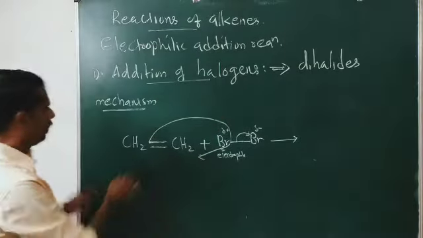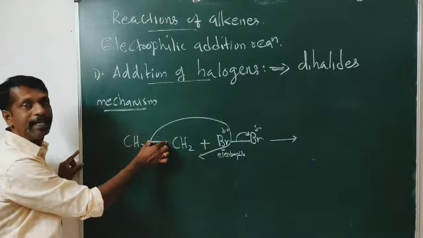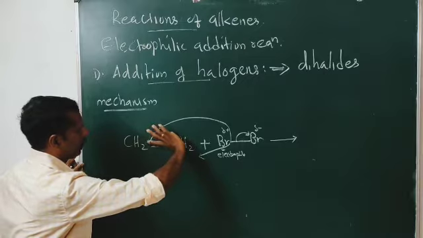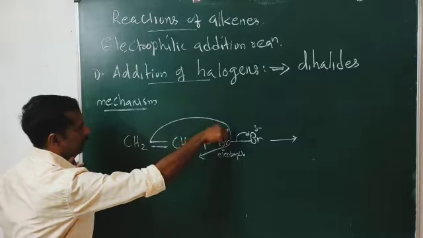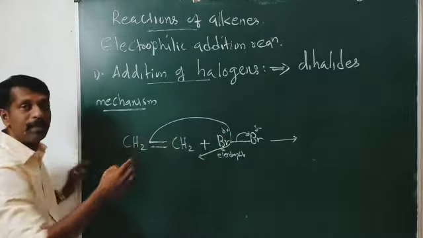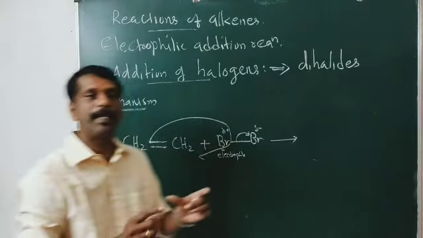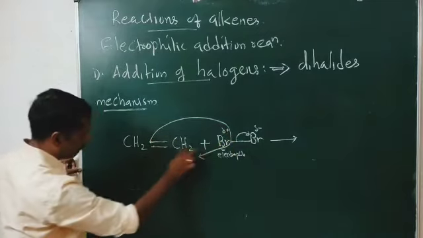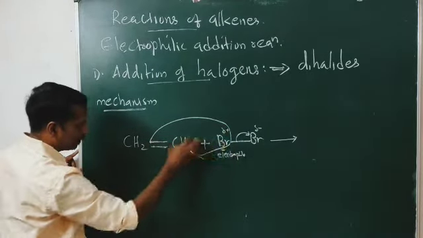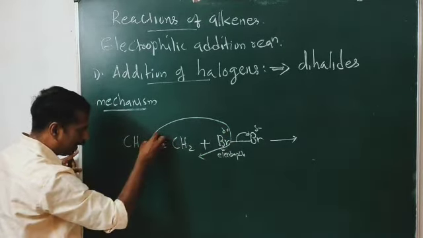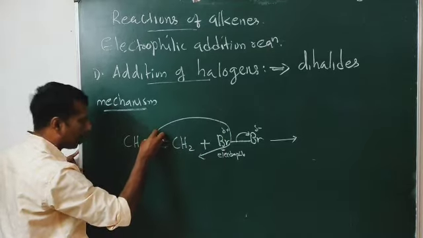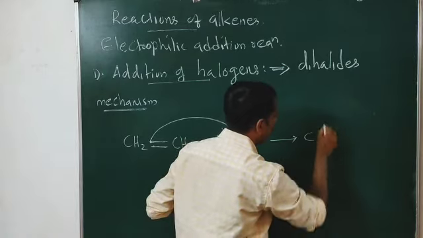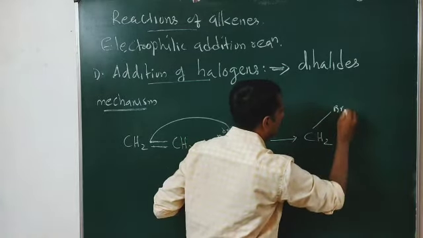When this pi bond breaks heterolytically, look at it here. The pi bond breaks from this carbon, and it is abstracting this Br, which will result in the formation of a cyclic halonium ion. So you can see that this Br is coming to this pi electron cloud, and it results in the formation of a cyclic halonium ion.